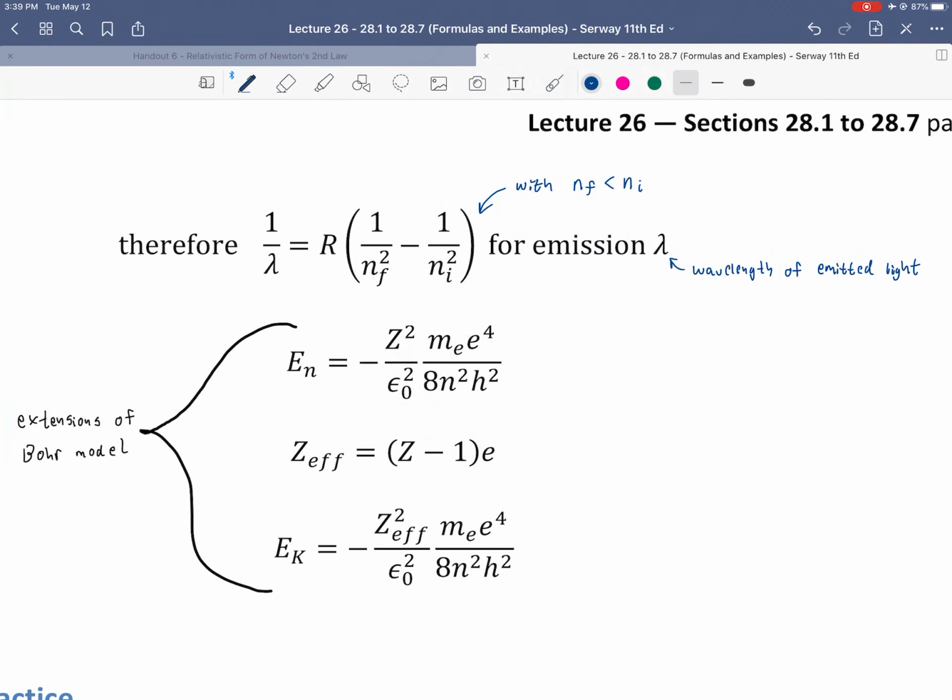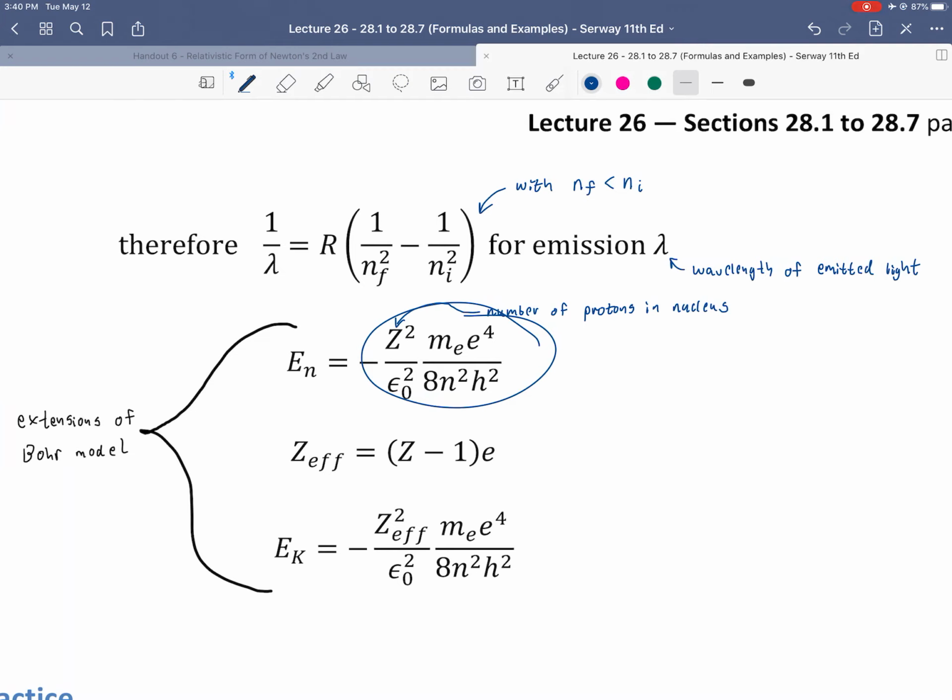So first I'll label what Z is. Z is the number of protons in the nucleus. For hydrogen, Z is just 1, and then we get back to the expression that we derived through the sum of forces and quantifying de Broglie wavelengths, and that worked great.